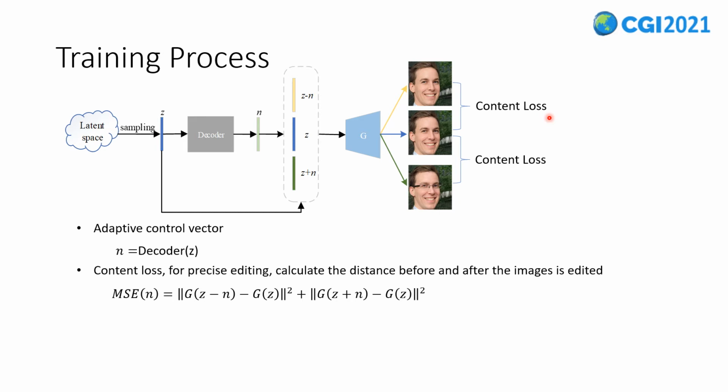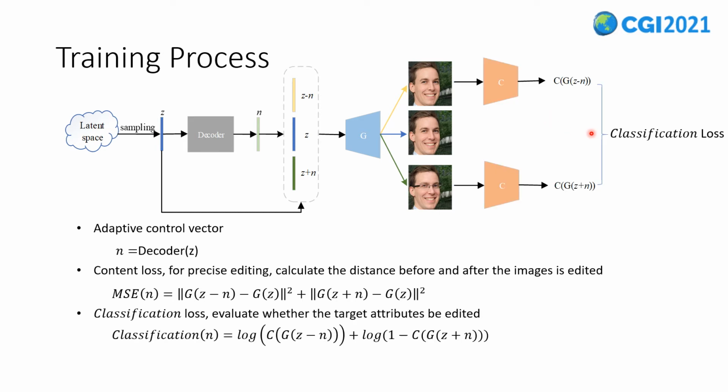The second one is the classification loss. We introduced a pre-trained attribute classifier to calculate the attribute score of the modified image. We expect that the score modified along the negative direction is low, and the score along the positive direction is high.